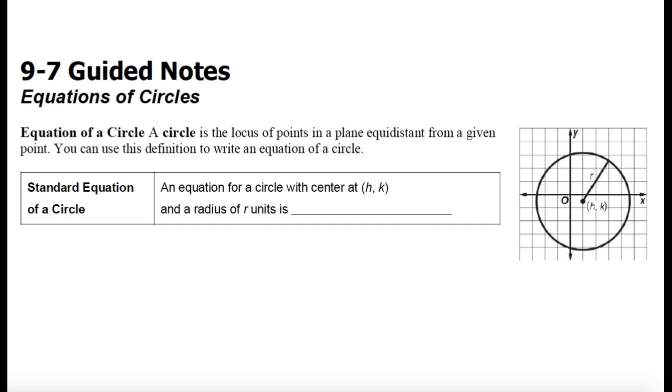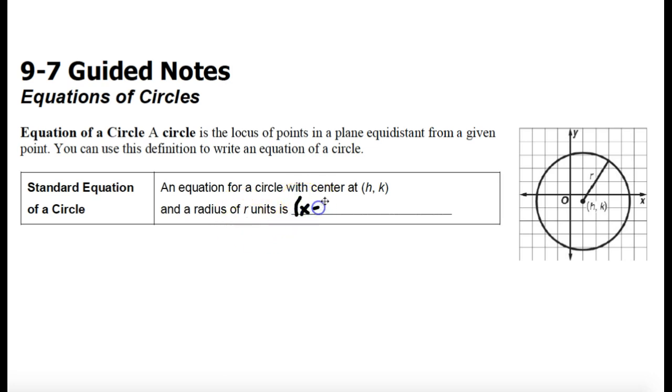Alright, in this video we are going to talk about equations of circles, so a little bit of algebra mixed in here. The equation of a circle uses h, k, where h is the x-coordinate of the center, k is the y-coordinate, and r is the length of the radius.